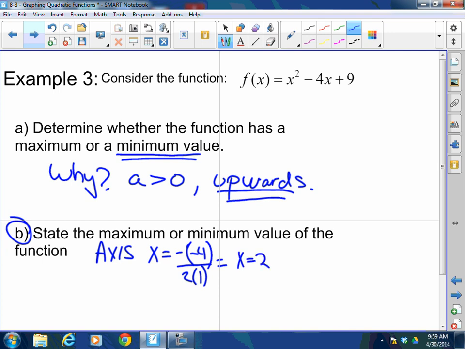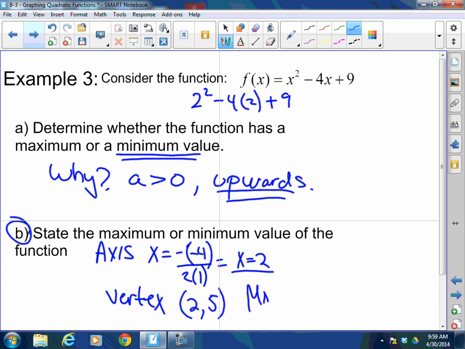So that's x equals 2. My vertex, which in this case would be a minimum, has x value 2. Plug it in: 2 squared minus 4 times 2 plus 9. 2 squared is 4. 4 minus 8 is negative 4. Negative 4 plus 9 is 5.